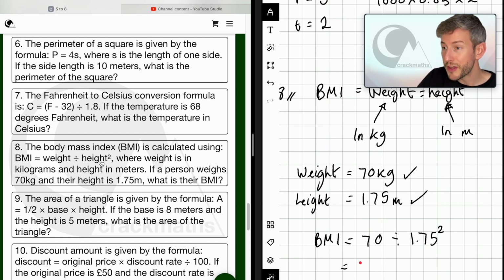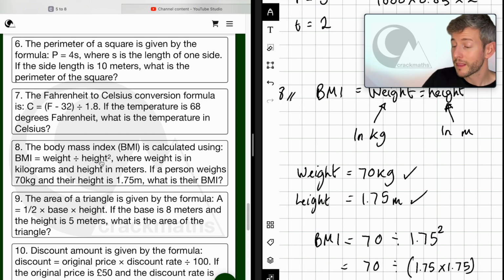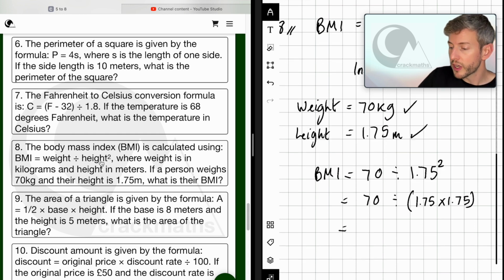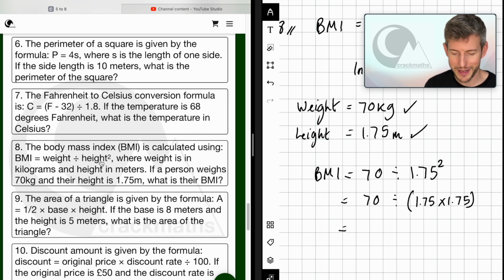So we can think of this as 70 divided by 1.75 times 1.75. Okay, so first of all I'm going to work out this 1.75 squared. So I'm going to do that on my calculator. So we've got 1.75 times 1.75, and that equals 3.0625.